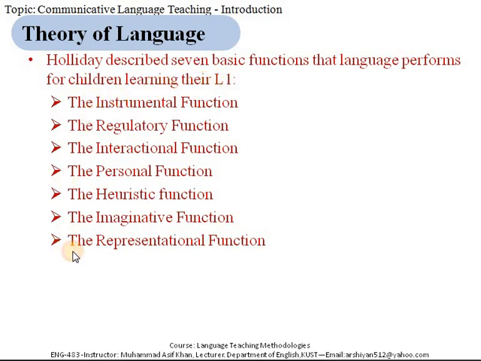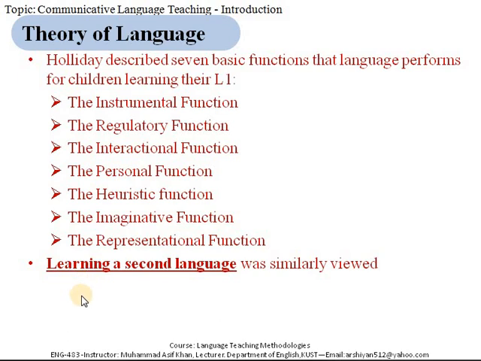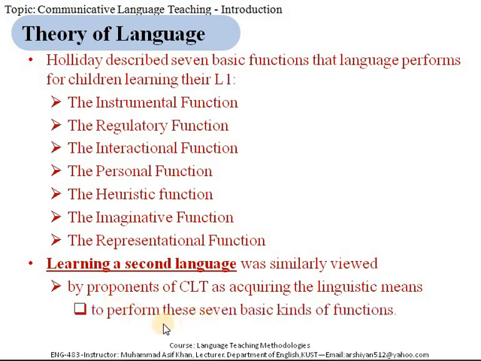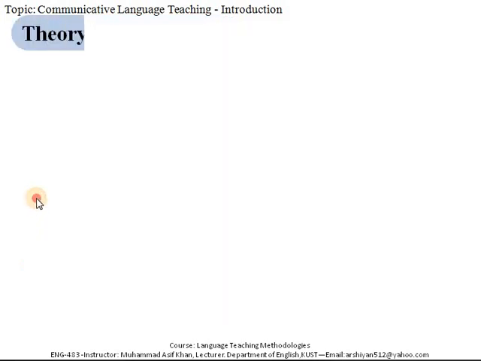Learning a second language is also viewed similarly by the main practitioners of CLT, because they consider that when we are learning a second or foreign language, language performs the same types of functions for a new learner. Now let's observe some other dimensions of these theories of language.